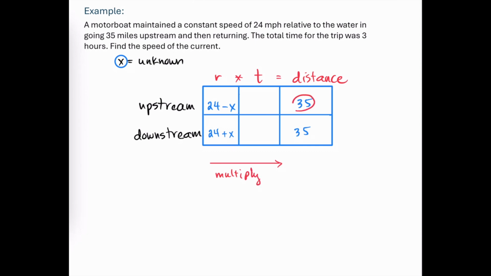In this case, we take the 35 and we're going to divide it by the 24 minus x to get the center column that's going to be 35 divided by 24 minus x. And as you can see, if we were to multiply the first two columns together now, we would get the third. So again, in order to get the center column, we're going to take the 35 and divide it by 24 plus x to get 35 divided by 24 plus x in the center column.